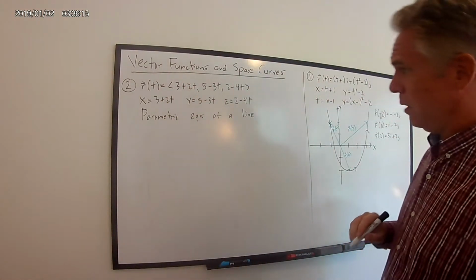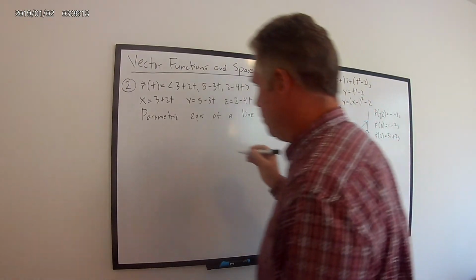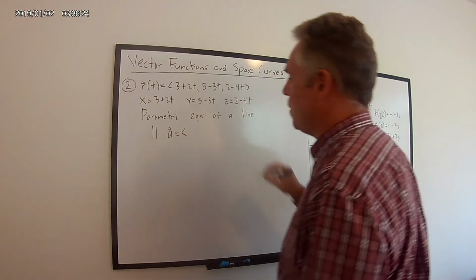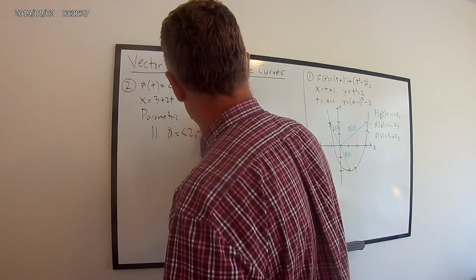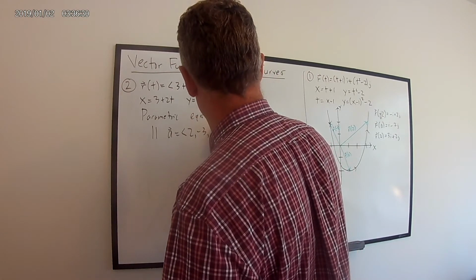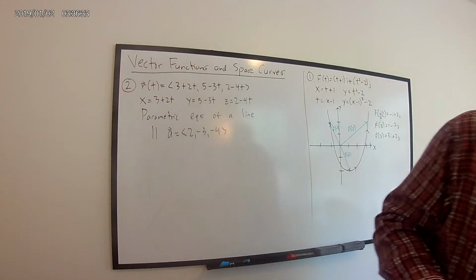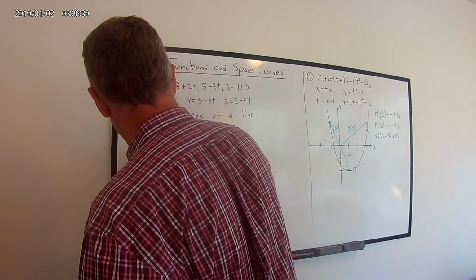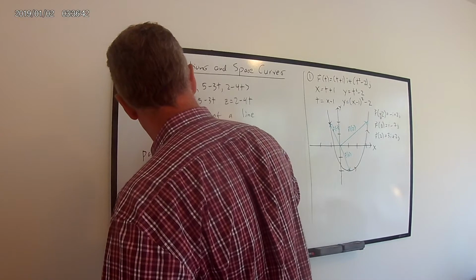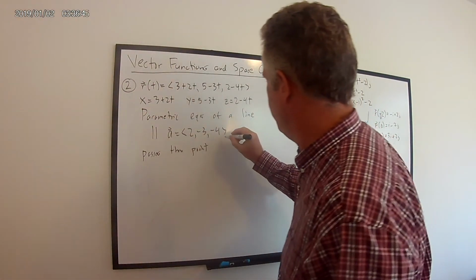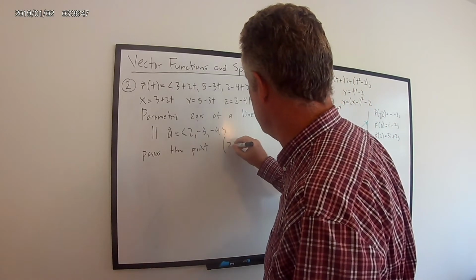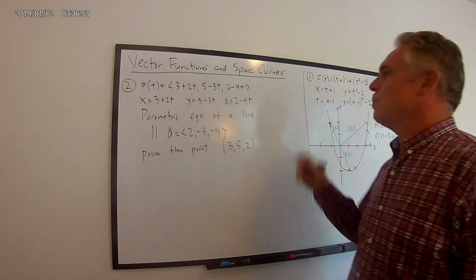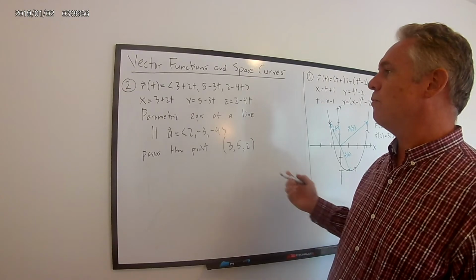The parametric equations of the line that is parallel to the vector with direction numbers 2, minus 3, and minus 4, and also passes through the point 3, 5, and 2. Okay, so as this particle moves along, or whatever this object is, it's going to follow a straight line path through 3 space.